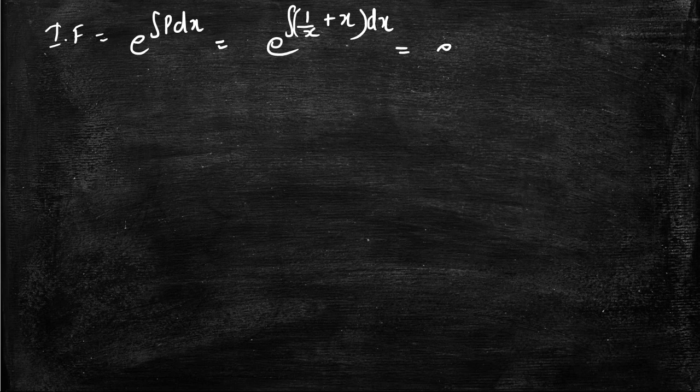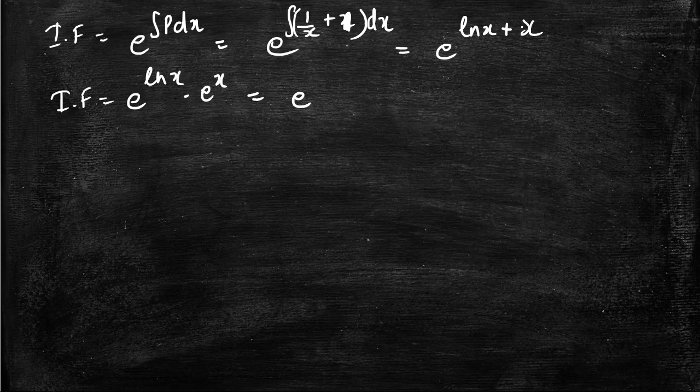So I can write this as e power ln x plus x after integrating. So the integrating factor is equal to e power ln x dot e power x, which is equal to e power x dot x. This is your integrating factor.